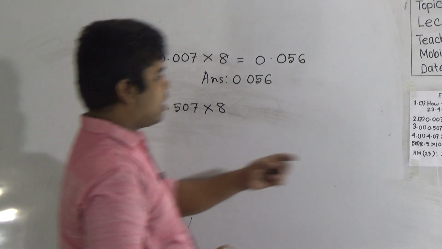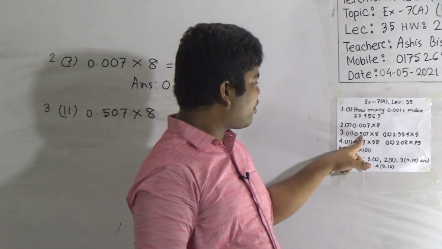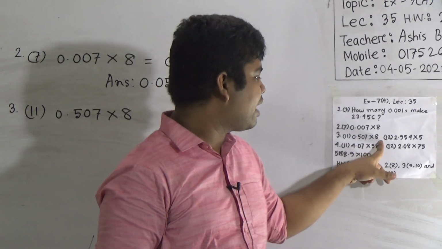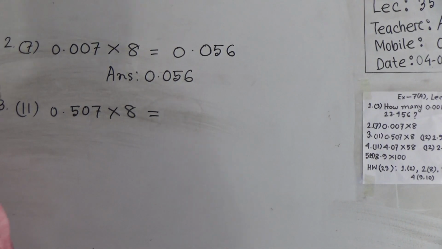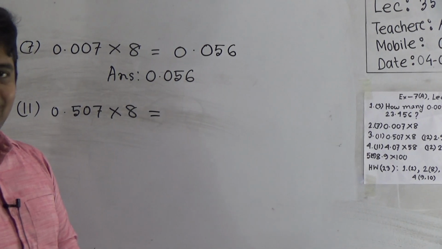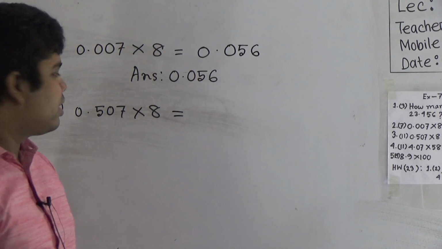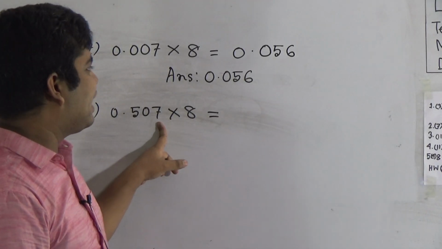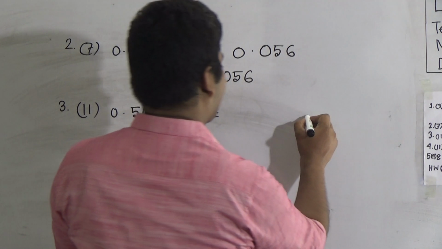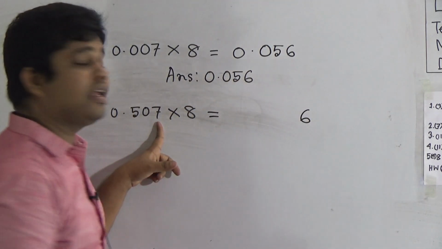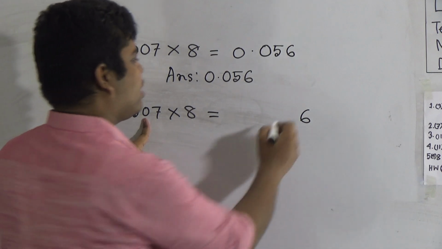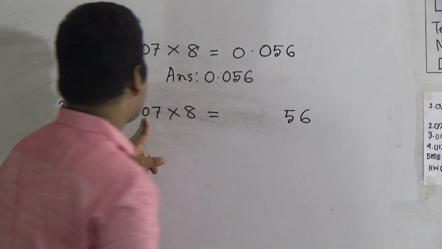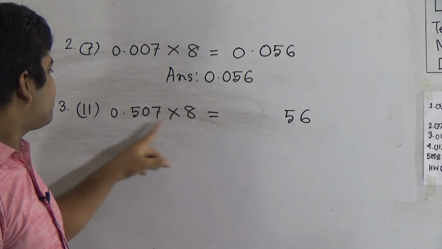Okay. 11 number question, 0.507 multiplied by 8. Okay. So now we do multiplication. It is also multiplication by single digit. So just like the previous one. So 8 sevens are what? 8 sevens are 56. From 56 I write here 6 carrying 5. So 8 zeros are 0. 0 plus 5 it will be 5. Okay. Next we multiply 8 with 5.